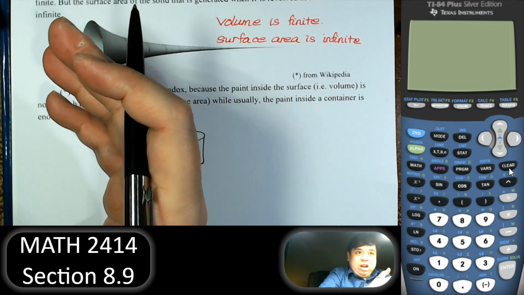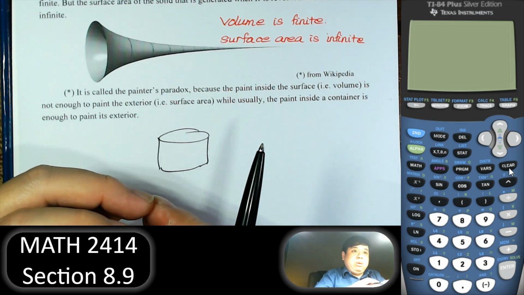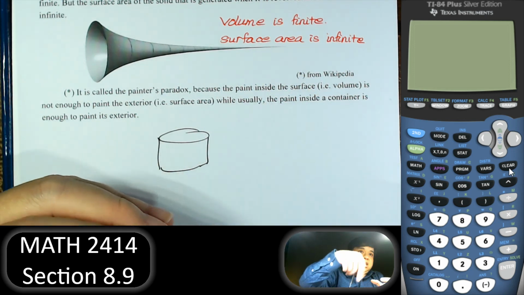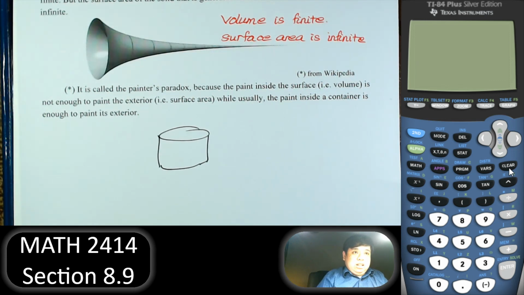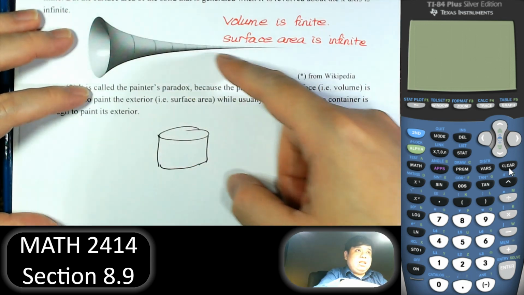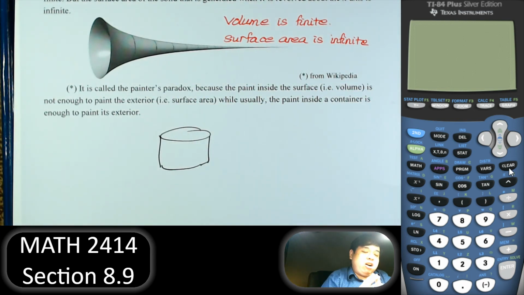So that is conventional wisdom. If we take the paint inside of the container, this will be more than enough to paint the surface area. However, not in this case. The volume of paint inside is finite. That certainly is not enough to paint the surface on the outside of the horn. So that's why it's a paradox.